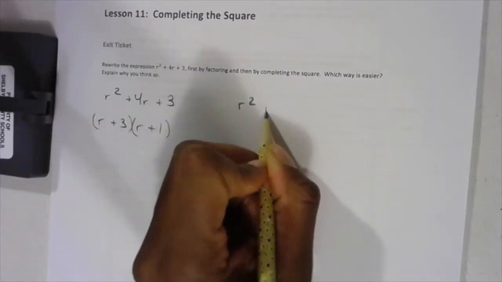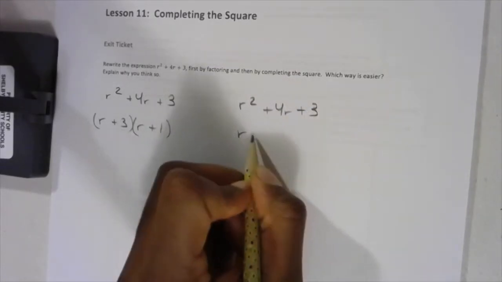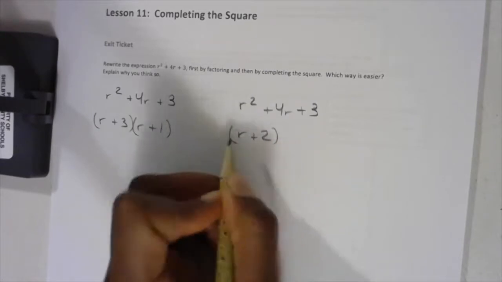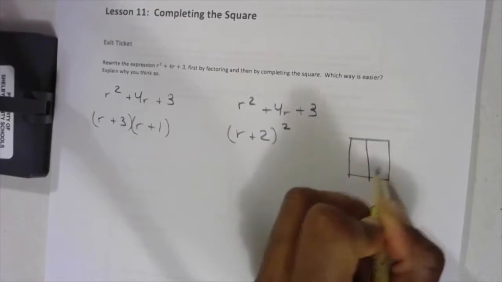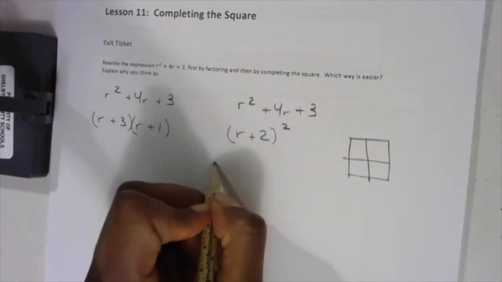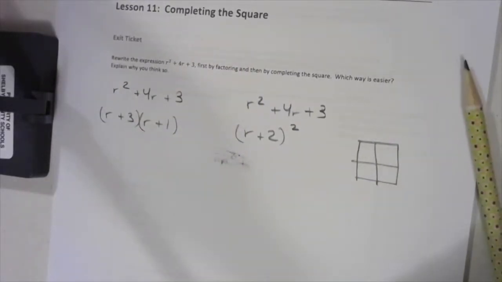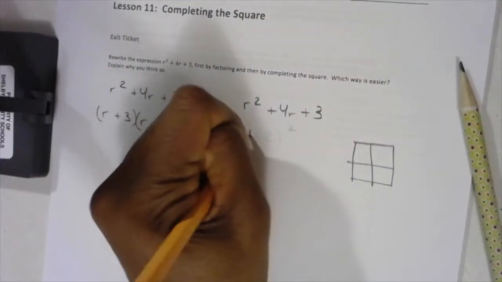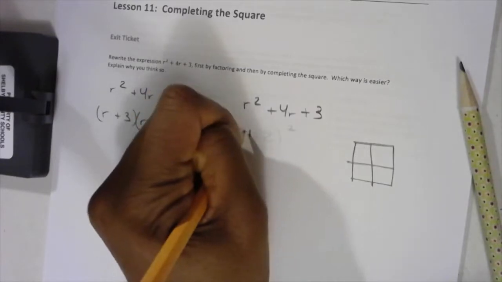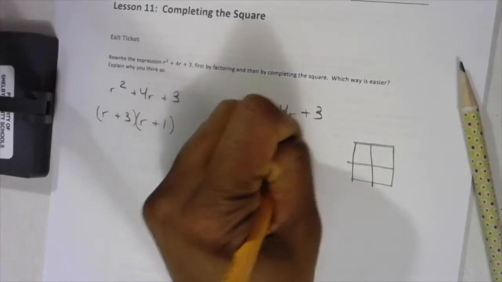And if we are completing the square, then we know that this would be, we'll say R squared plus, actually let me go back. R squared plus 4R plus 3.